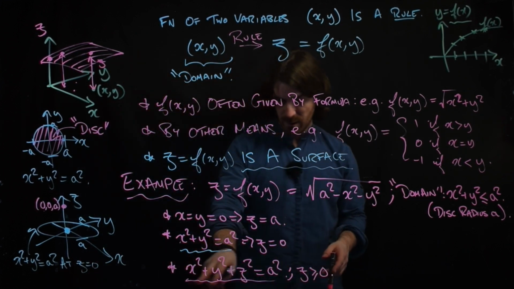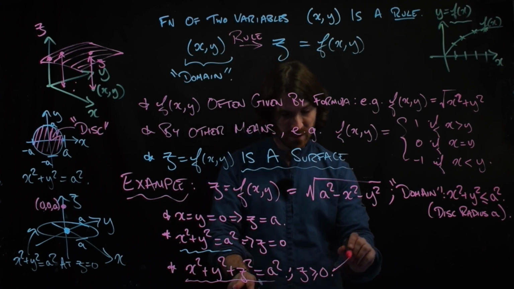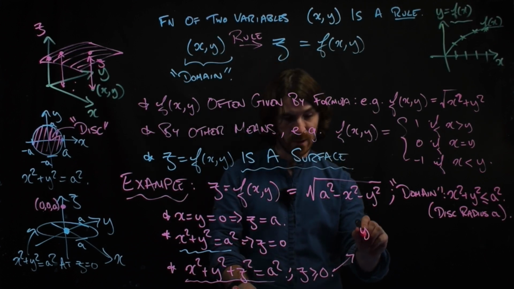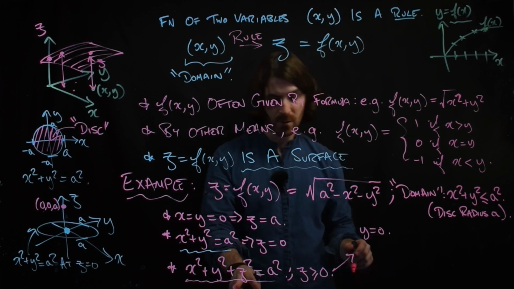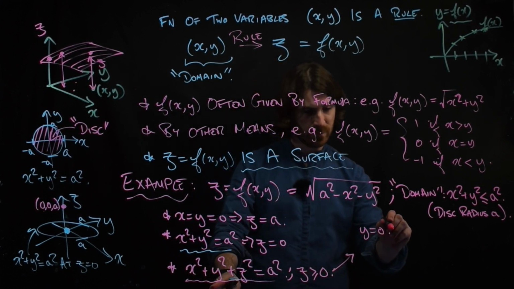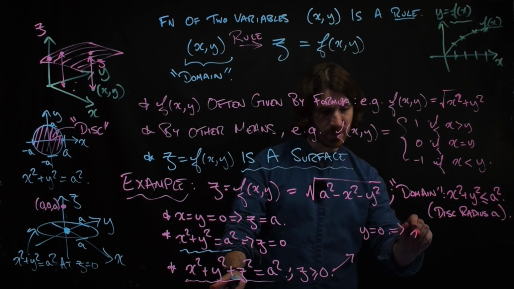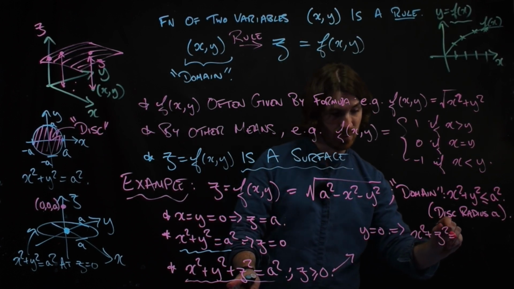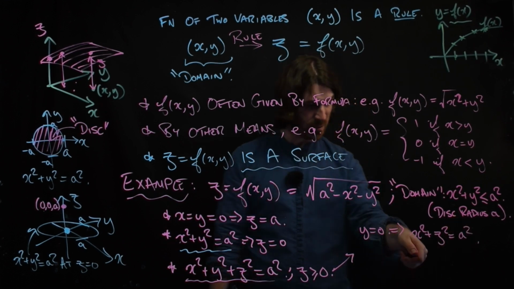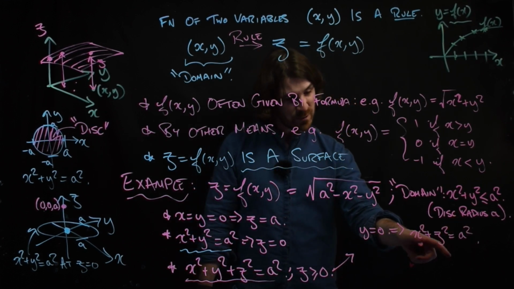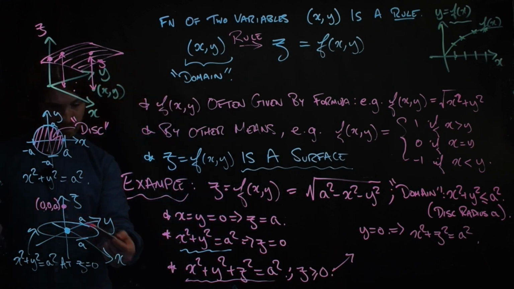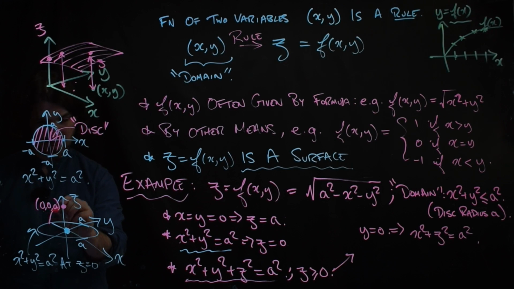Okay, so if this is true, you can consider what happens when, let's say, y is 0. Okay, when y is 0, this means that x squared plus z squared equals a squared. So this is nothing other than the equation of a circle in the xz plane. Okay, so the xz plane has y equals 0 and it's a circle, semicircle of radius a.